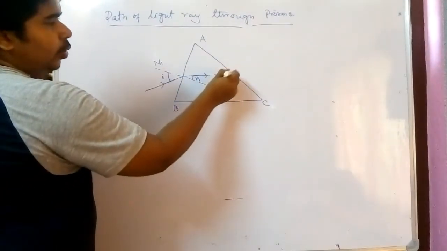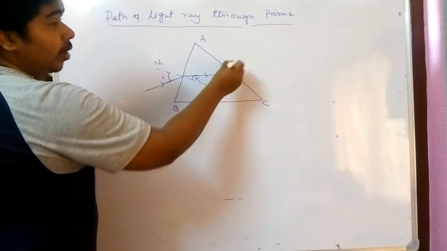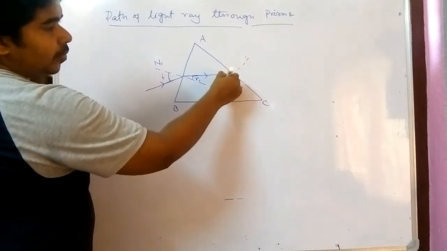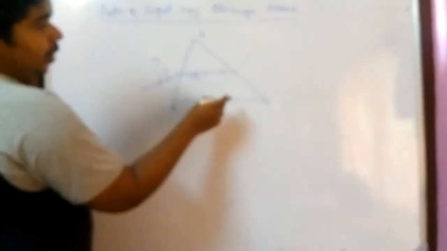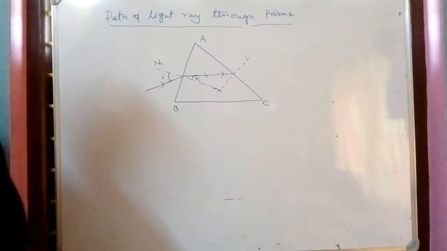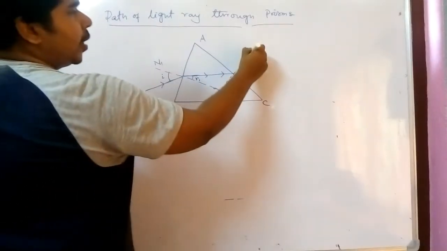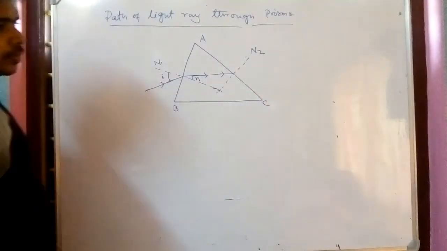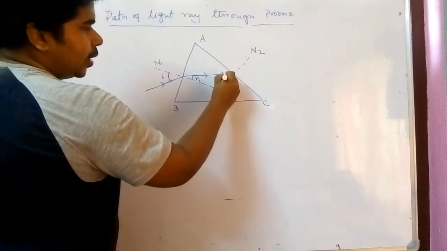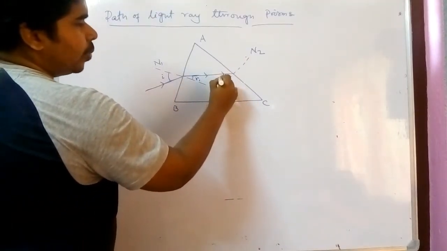So here, to find the angle of incidence, we have to draw a normal again on the surface AC. So these are the normals, whatever we have drawn. Name the normal N2. And when the light is incident here, we denote that angle by R2.